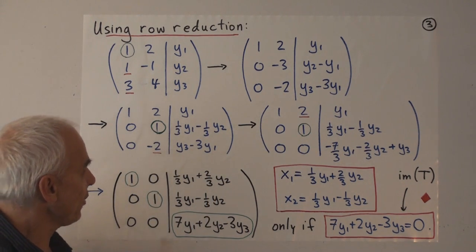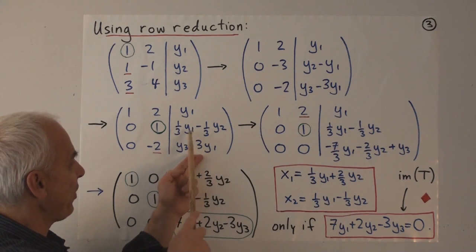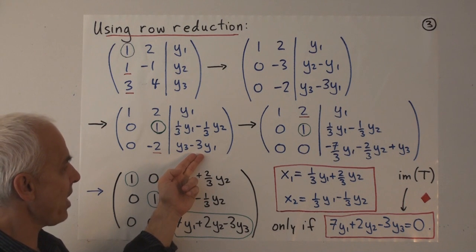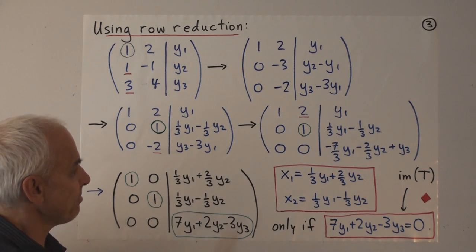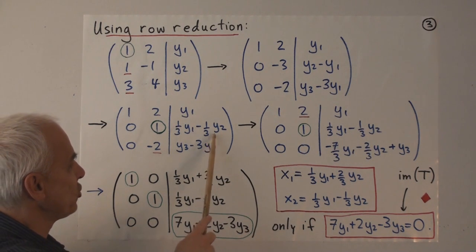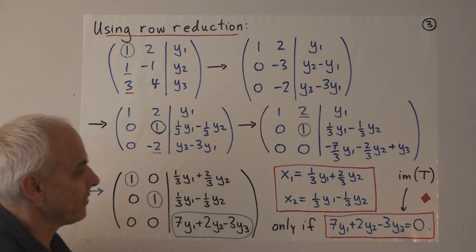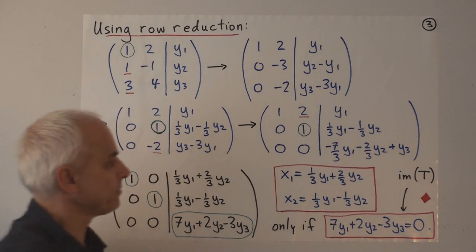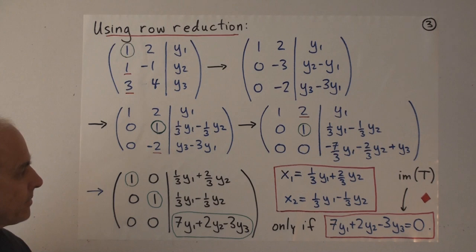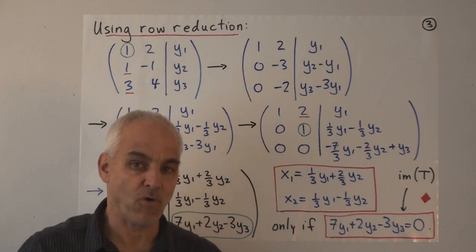Okay, well, there'll still be a y3, minus 3y1 plus 2/3 of y1, that's minus 7/3 of y1. And 2 times this will be minus 2/3 of y2. That's the new entry there. It's now in row echelon form.